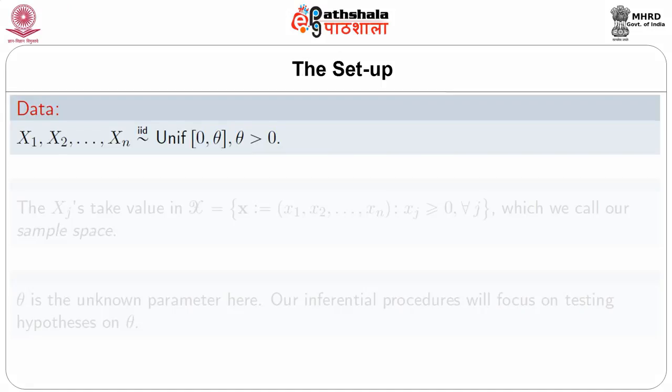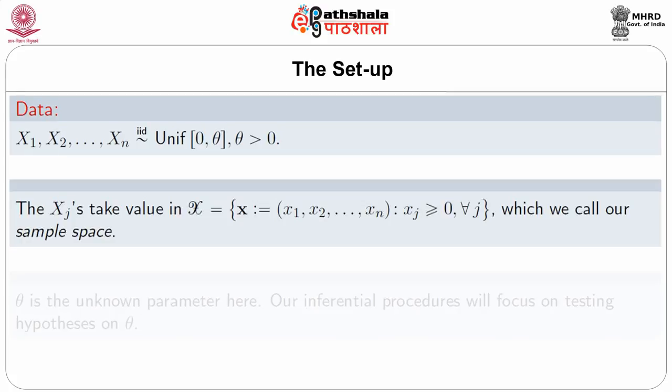So here take a random sample of size n from uniform 0 theta population, where theta is greater than 0. So X1, X2, Xn independent and identically distributed uniform 0 theta.